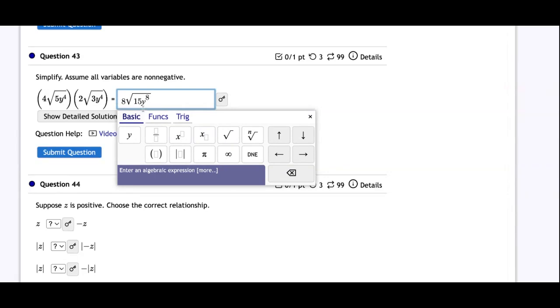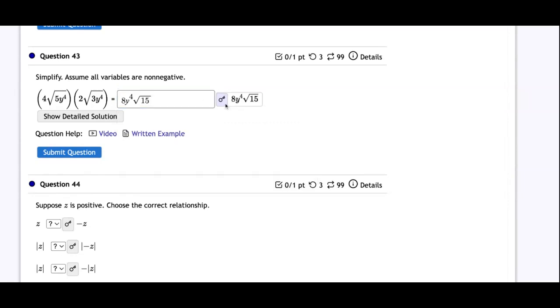And then we can simplify a little bit. You know, the square root of y to the 8, that's y to the 4, right? Y to the 4th power outside. And that's it. Does this make sense?